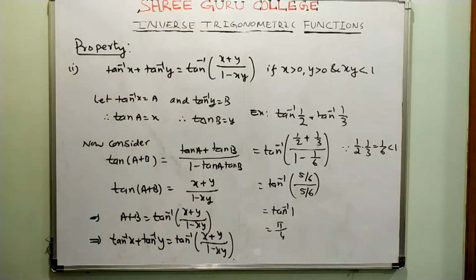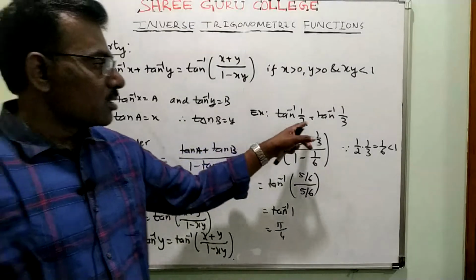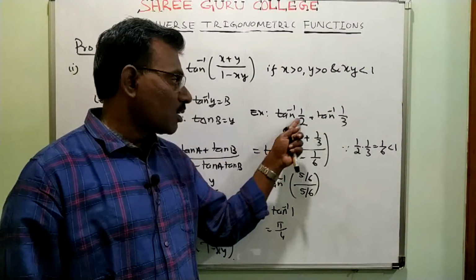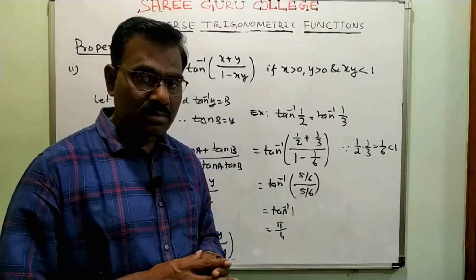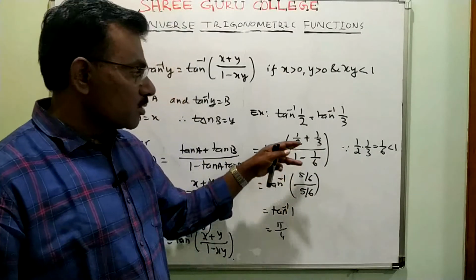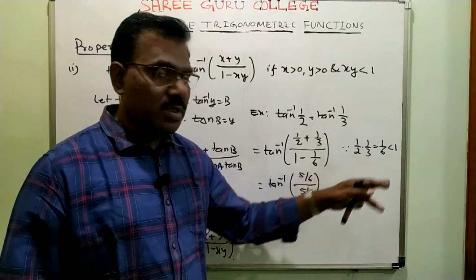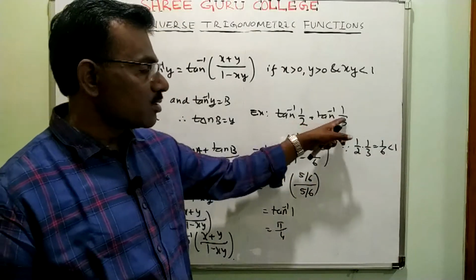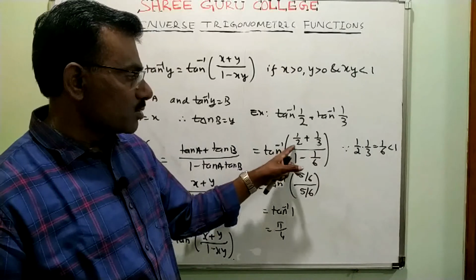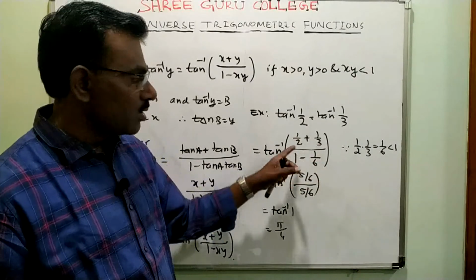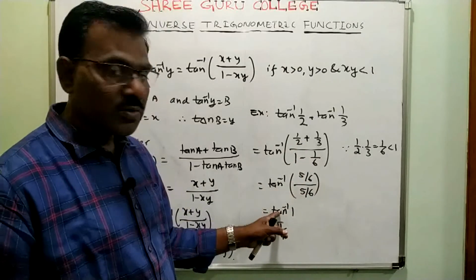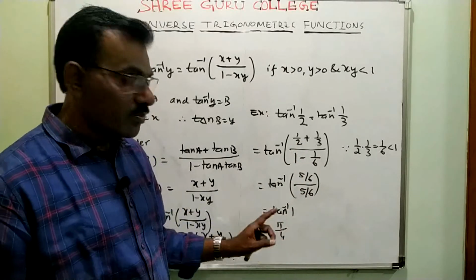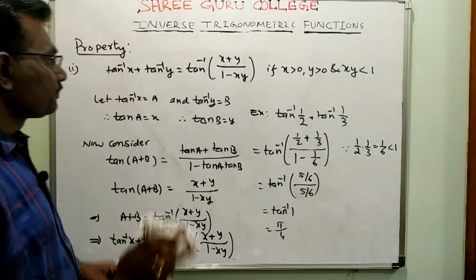This is x, this is y, and x into y, multiplying, is less than 1. So 1 by 2 plus 1 by 3 is 5 by 6, and this is also 5 by 6. You know the value of tan inverse of 1? Pi by 4, the principal value.